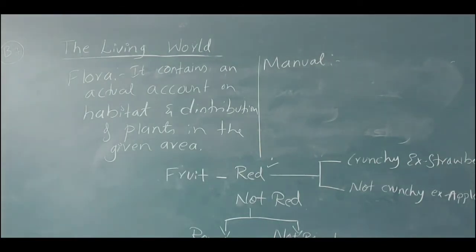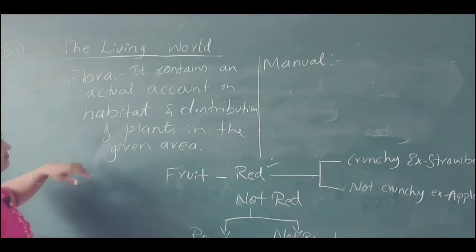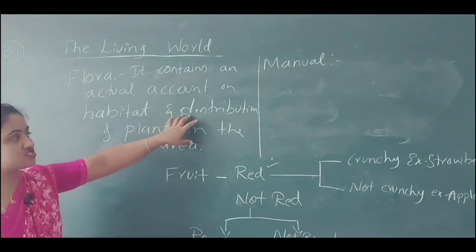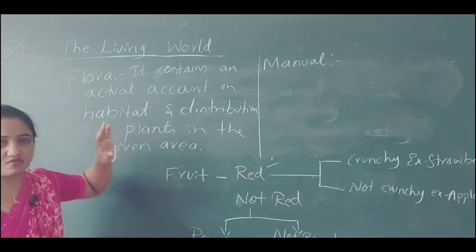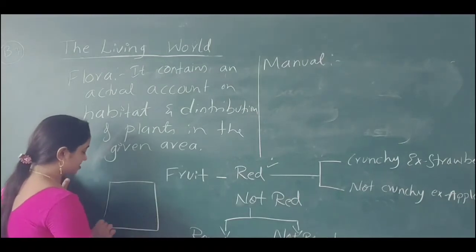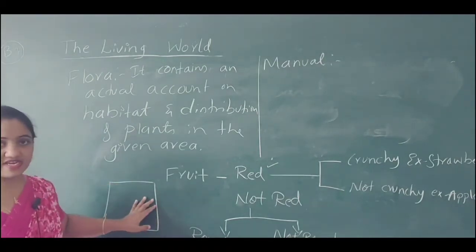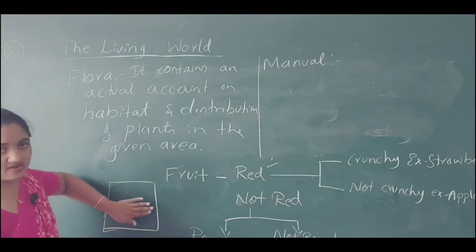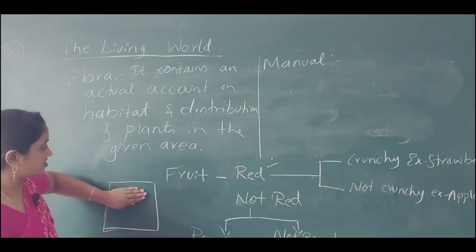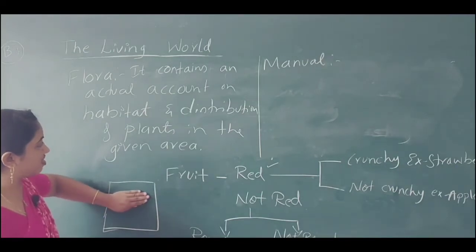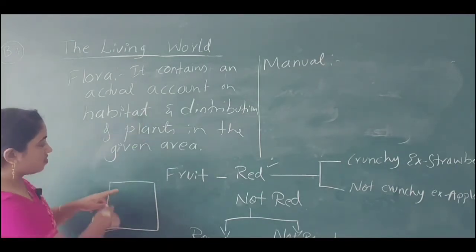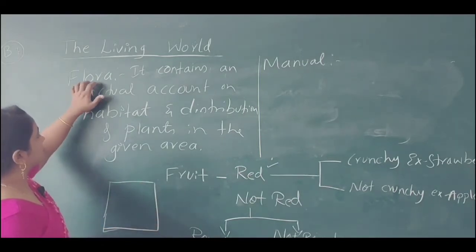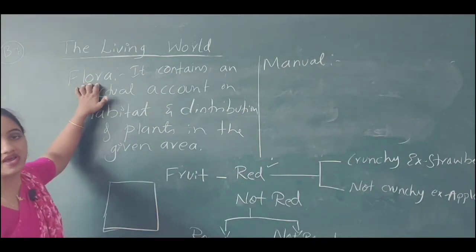Flora means plants. Here they have given the description of whatever plants are distributed in the given area. In the given area, it means wherever it may be, whether it is a mountain, valley or the river side, the distribution and habitat of the plants, all that information will be present in this taxonomical aid known as flora.